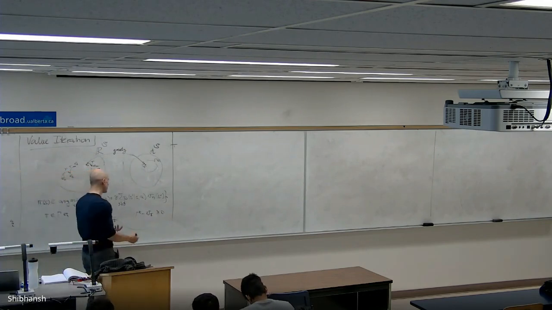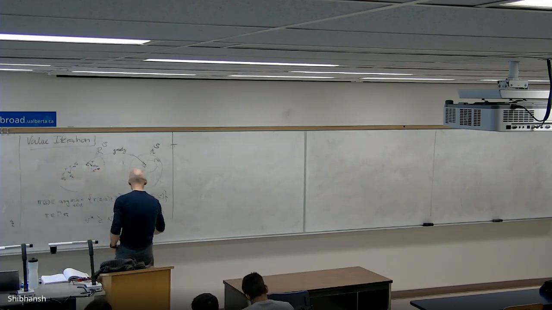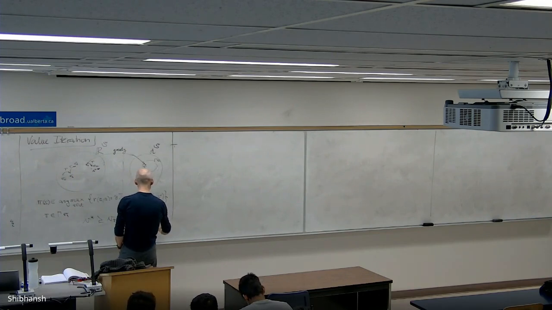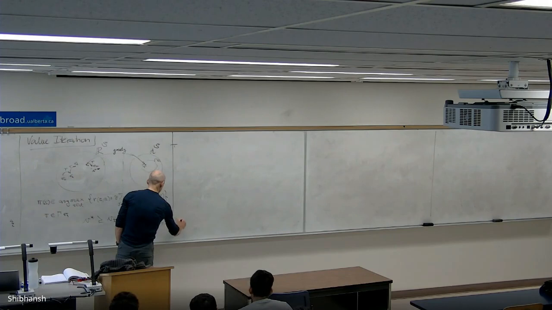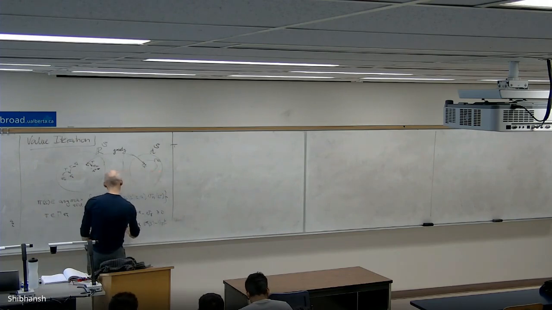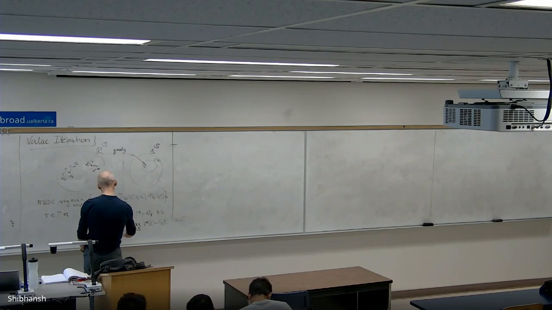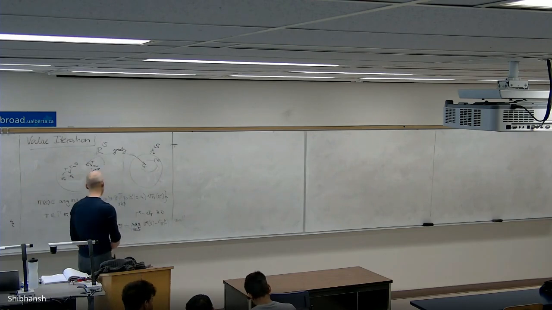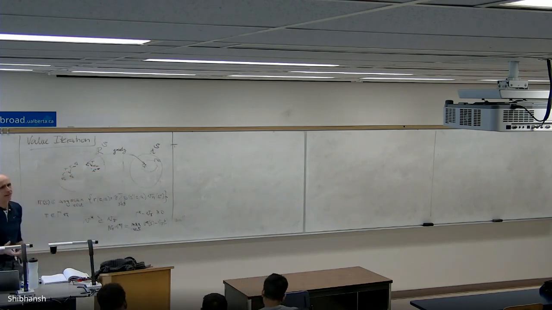The same thing to say is that the worst possible deviation over all possible states between V star of s minus v pi of s, these gaps should be small. But notice that this is nothing but the maximum norm between V star and v pi, right?